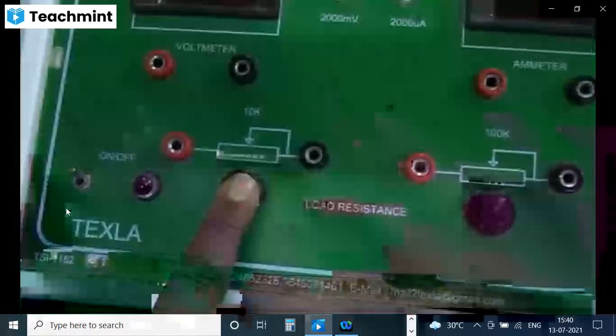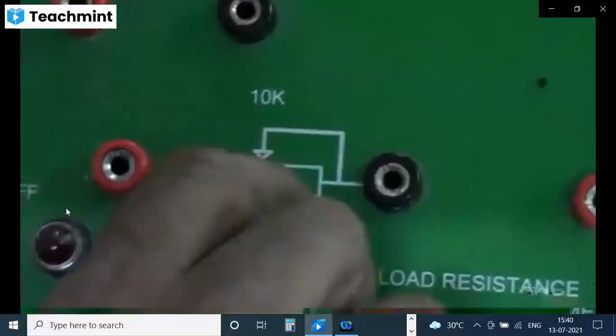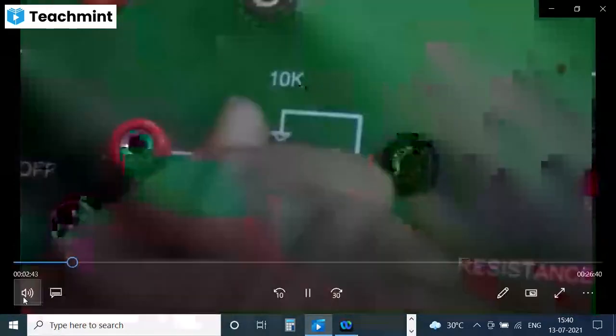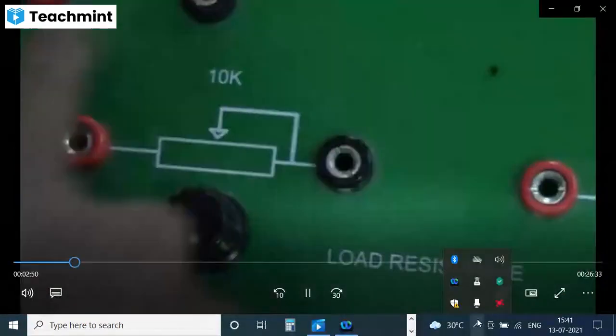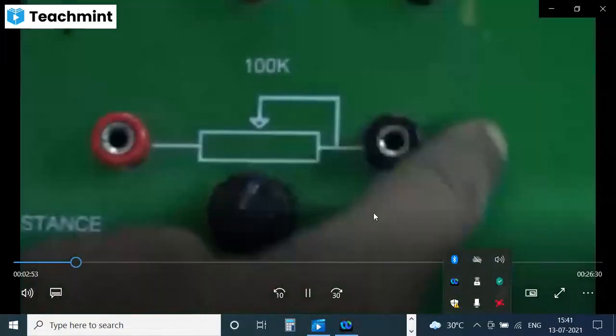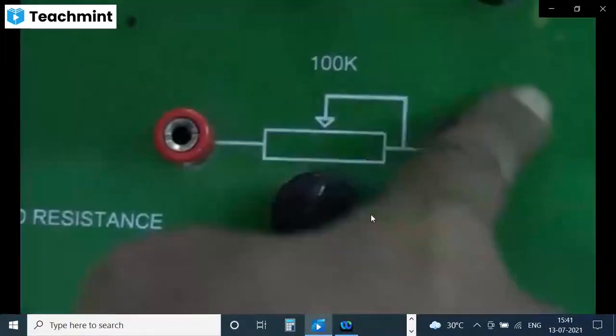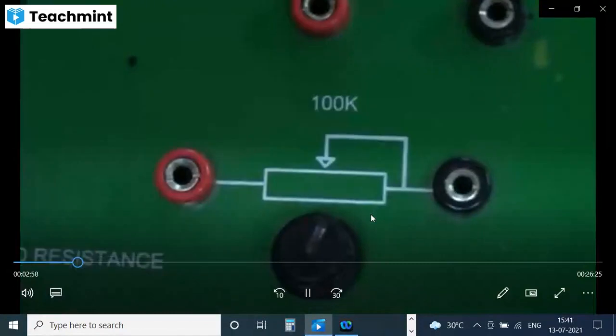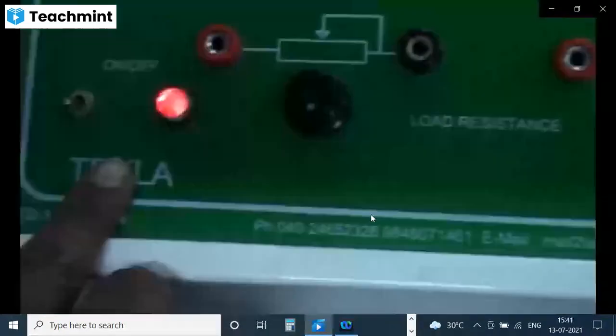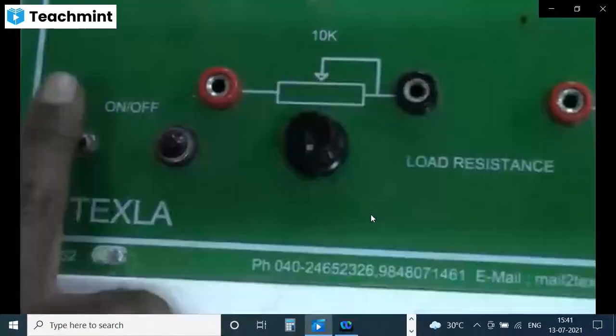So you can produce a resistance part. This is the overall switch on and switch off of the kit.